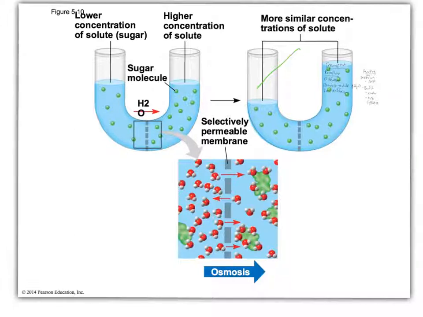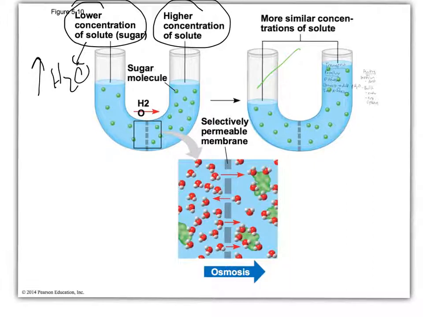All right? So let's look at this first one. It says lower concentration of solute, higher concentration of solute. Lower concentration of solute means what's the relative amount of water? High amount of water, right? Look at the dispersion of molecules, the green molecules up there. There's more water than there is solute, correct?